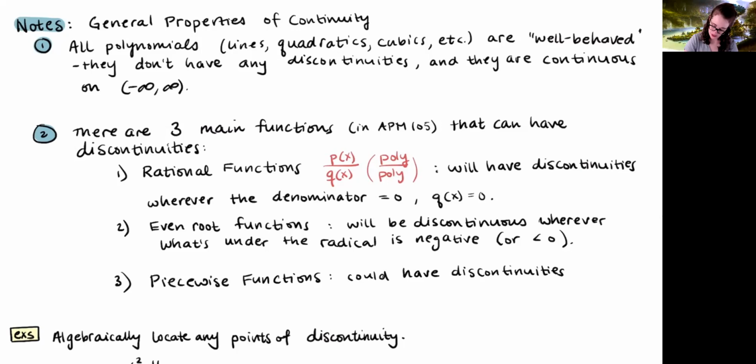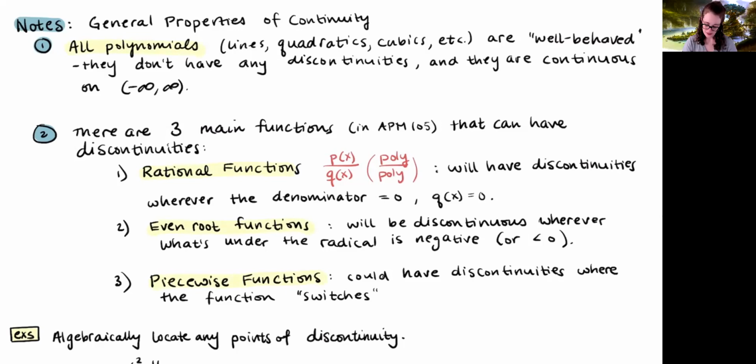I'll put switches in quotes because I don't know how else to call it. But when it changes from one formula to the next, they could not be meeting up in the right way. So these could have discontinuities. These 3 kinds of things are what we need to be looking out for, unless we have a polynomial. In that case, the continuity will just be everywhere. There will be no discontinuities.